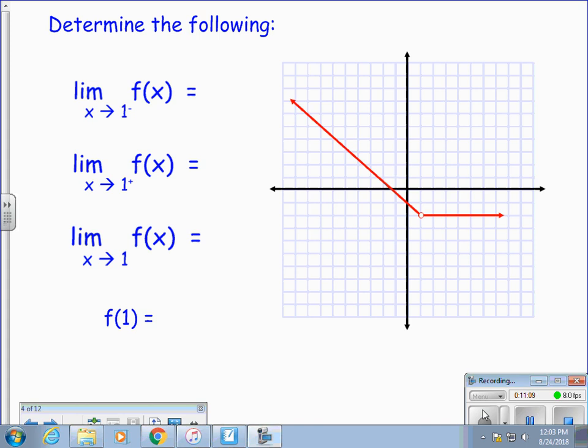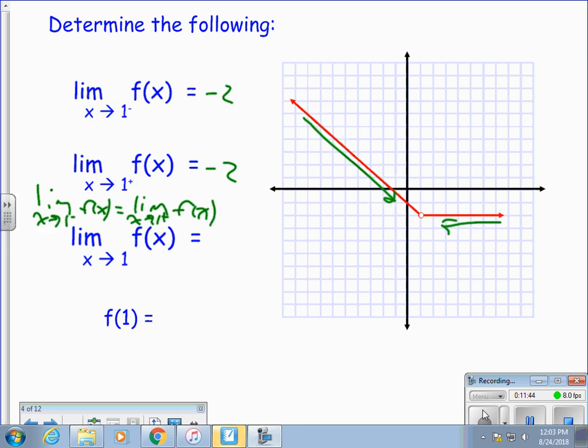So, approaching 1 from the left. As x goes this way, what's the y value I approach? -2. As I go this way, what is the y value I approach? -2. So, the limit as x approaches 1 from the left of f of x equals the limit as x approaches 1 from the right of f of x.